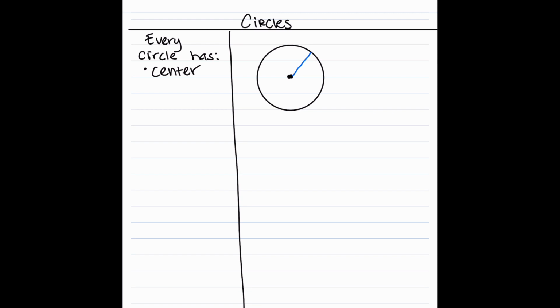So that means that line I just drew is the same length as this dotted line I'm drawing. And these lines are called the radius. So the radius is any line that goes from the center of the circle to the outside. And every circle only has one radius, meaning all of these are the same value.